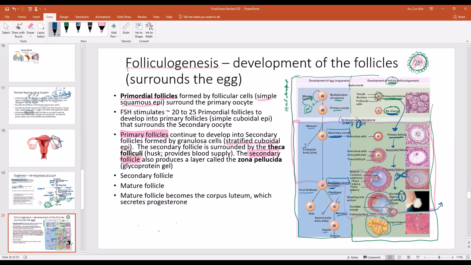You see where it says adolescence to menopause on the chart. Everything below that happens after puberty. And then the secondary follicle, that's when it starts growing after puberty. So your follicle starts changing to nourish the egg itself. The egg stays the same, but the follicle changes to help essentially until ovulation.